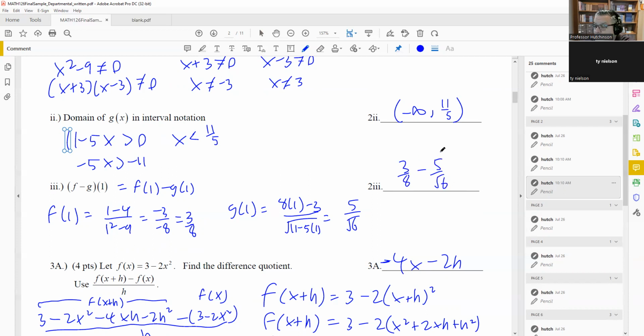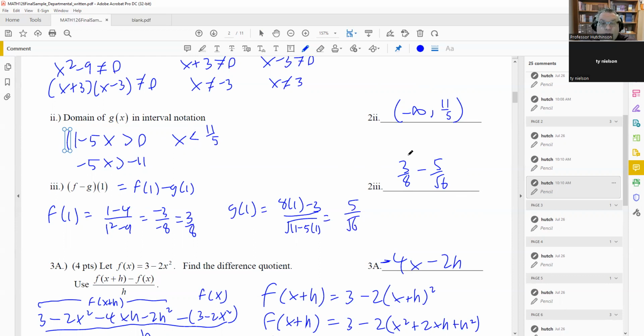If the answer has a square root in the denominator, MyOpenMath would take that as an answer. Of course, it's possible you might have a whole number as well instead of some fractions and square roots, but at any rate, if you have a square root on the bottom, don't worry about rationalizing it.